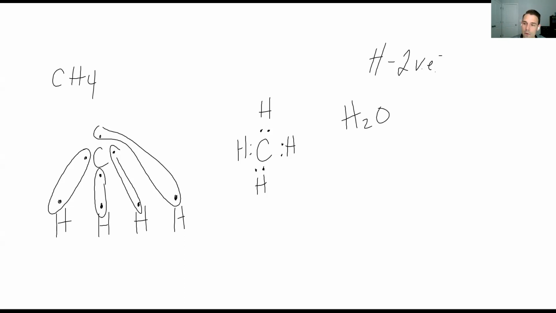So what you should do, I know these are pretty easy, but you can start by counting up all of your valence electrons. 6 and 2 gives me 8 valence electrons I'm working with. So I'm going to have my oxygen with its 6. And then you can see, okay, I have 2 hydrogens.